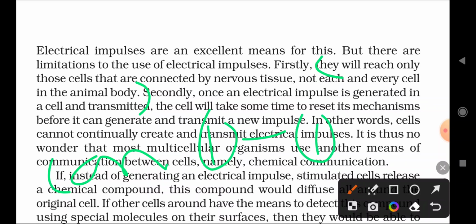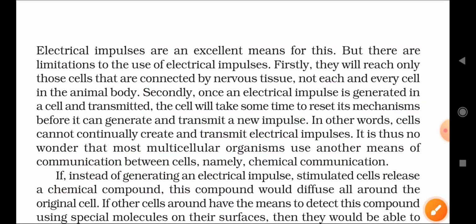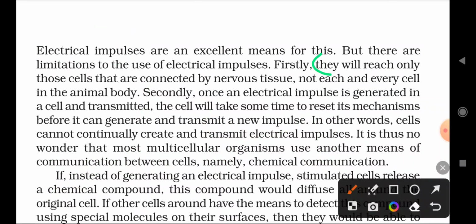It will transfer information to cells connected to one another, and they send information easily, but to cells not connected to the nervous tissue, they will not send information. This is the first major disadvantage of electrical impulse. Remember, in the exam they will ask this.